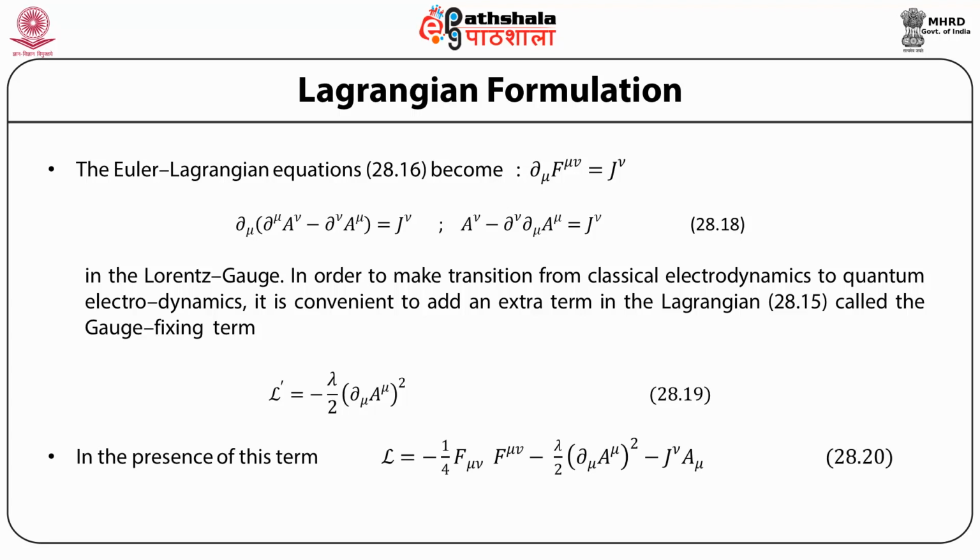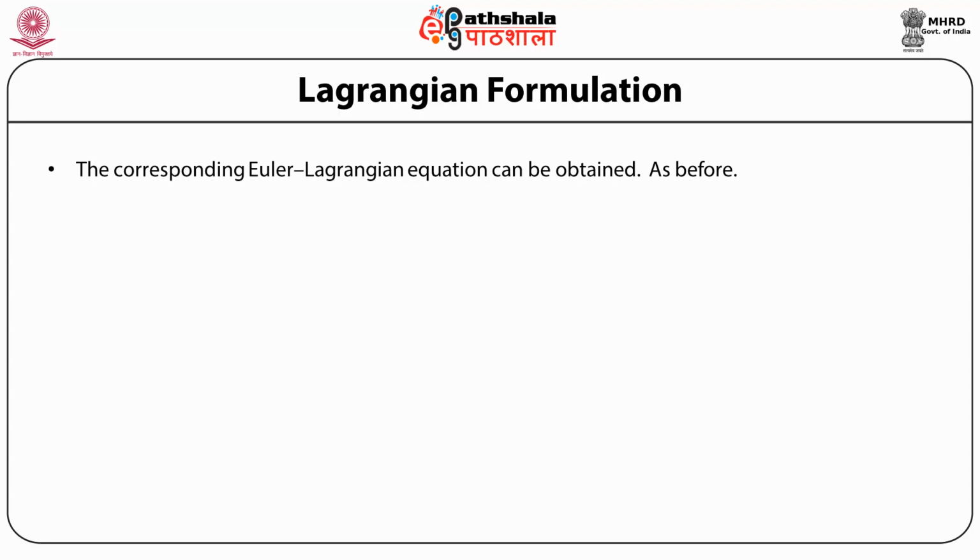In the presence of this term, the Lagrangian L is equal to minus 1/4 F_{μν} contracted with F^{μν}, minus λ/2 (∂_μ A^μ)^2, minus J_μ A^μ. The corresponding Euler-Lagrange equation can be obtained.